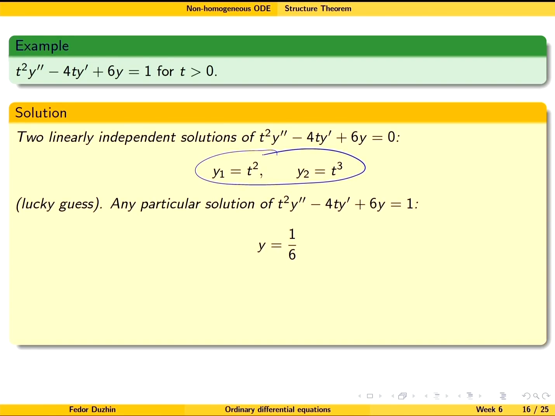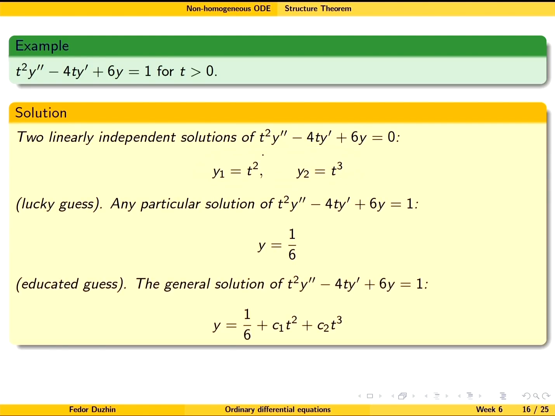then at the same time we can try to guess some particular solution of this differential equation. And well, what we can do, since the right hand side is constant, we can try a constant, and we realize that the constant should be 1/6. So it is a bit of a guessing too, but it means that once we know this information, then the general solution of the non-homogeneous differential equation is just like this: a particular solution of this non-homogeneous equation plus the general solution of the homogeneous equation.